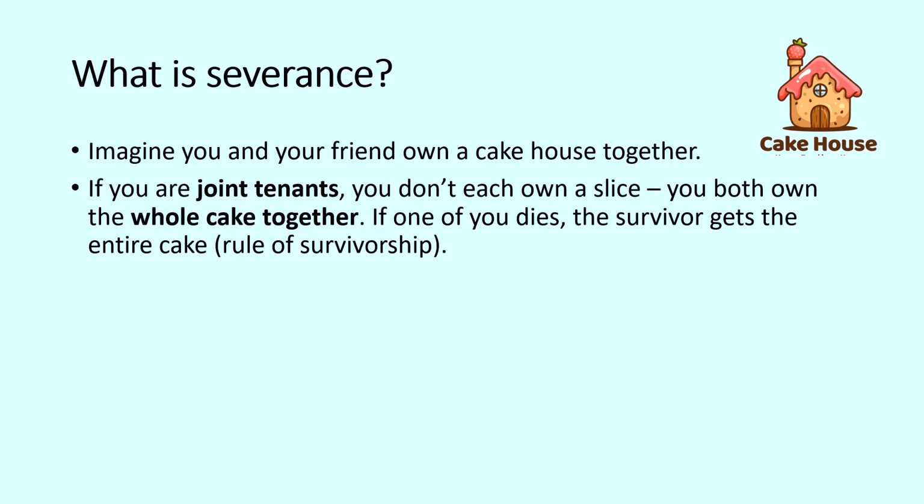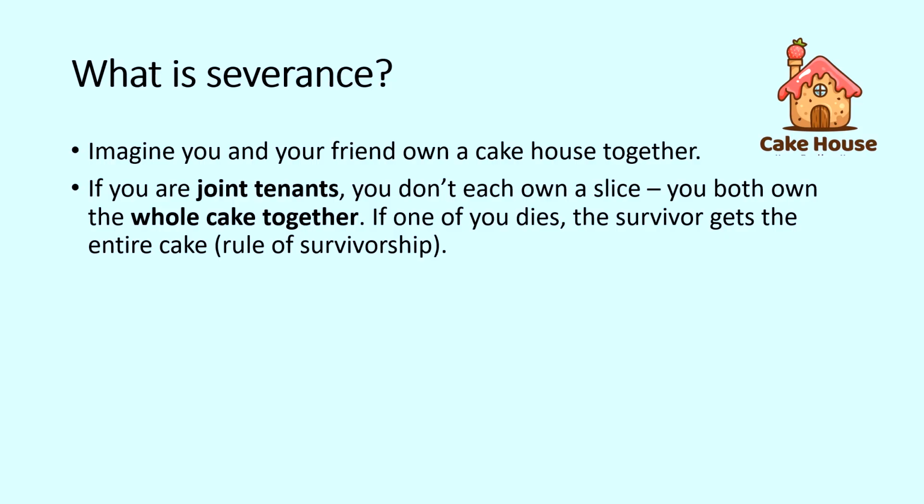And because you own the whole item together, this also means that if one of you dies, the survivor gets the entire cake. So that's what we know as the rule of survivorship.